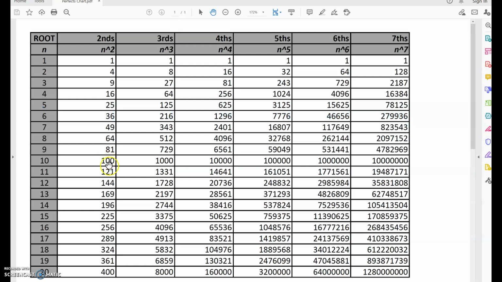If I want to take the square root of 100, the square root of 100 is 10. The 5th root of 371,293 is 13. So you can use this to go forwards, to raise things, and to go backwards.